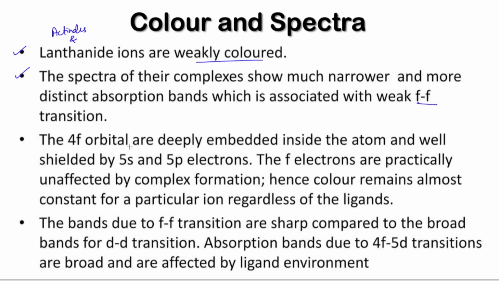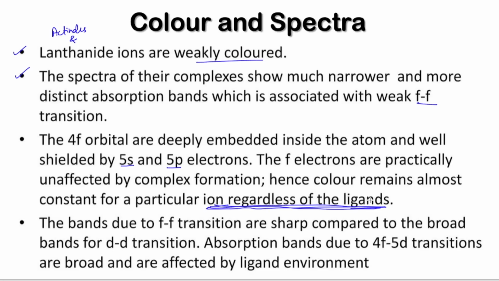The 4f orbitals are deeply buried inside the atom and well shielded by 5s and 5p electrons, so the f electrons are practically unaffected by complex formation. Hence, the color remains almost constant for a particular ion regardless of the ligand. You need to remember this point: the color of the complex of an F block element, whether lanthanide or actinide, does not change with the ligand.